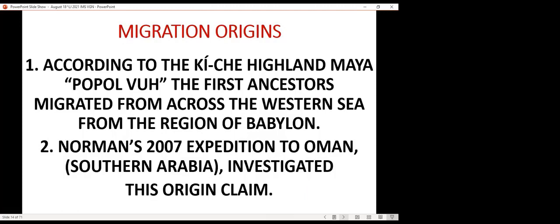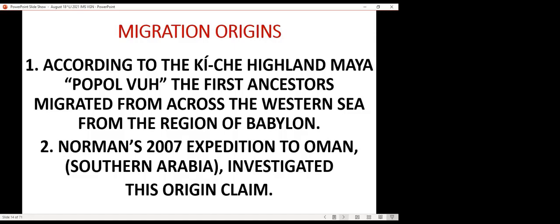So the migration origins are of interest. According to the Quiche Highland Maya Popol Vuh, the first ancestors migrated from across the Western Sea, from the region of Babylon, as they define it in the modern world.